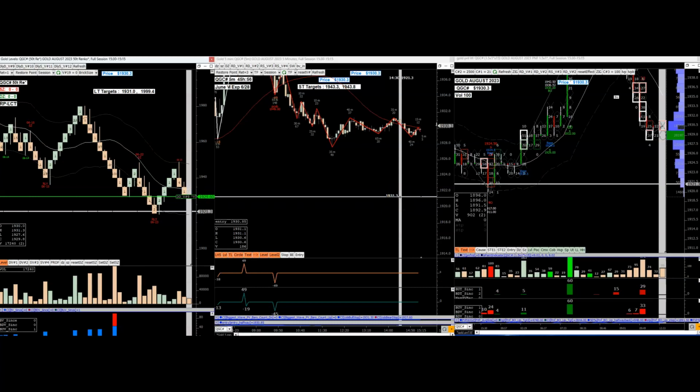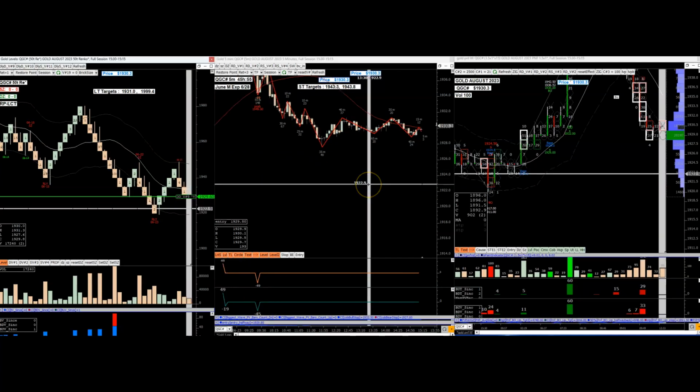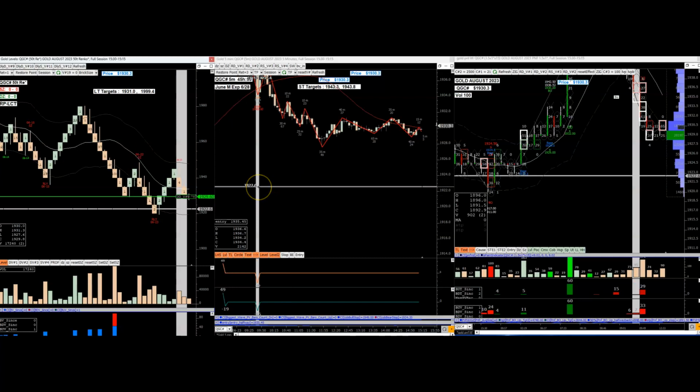Of course, higher probability. And most important, your reward is always bigger. If you do counter trend trading, the reward is always smaller. But with trend trades, if nothing else, the reward is always bigger. I don't know, that's just what happens.